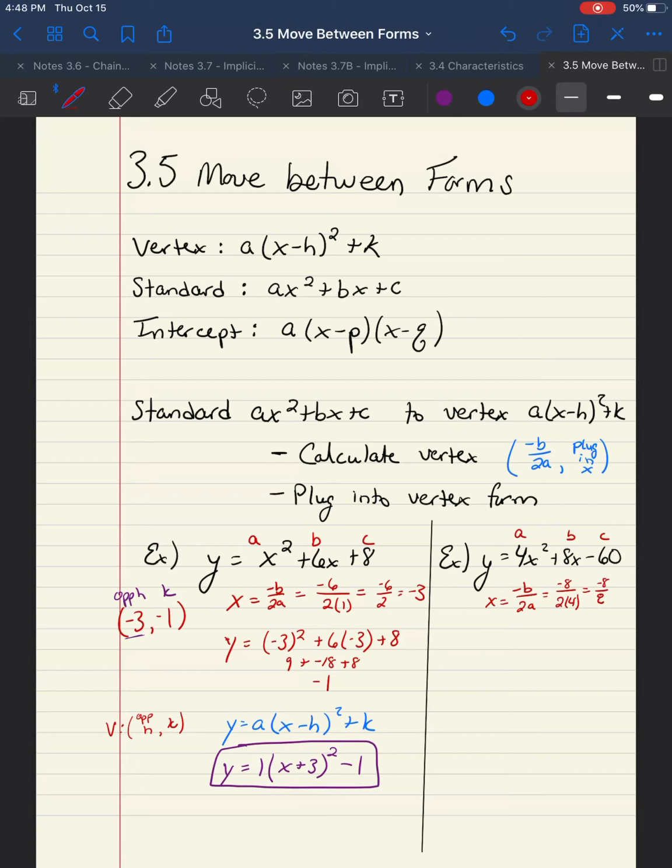All right, now I'm going to do the same thing for the next problem. So now to get y, I'm going to take what I found for x and I'm going to plug it into my equation.